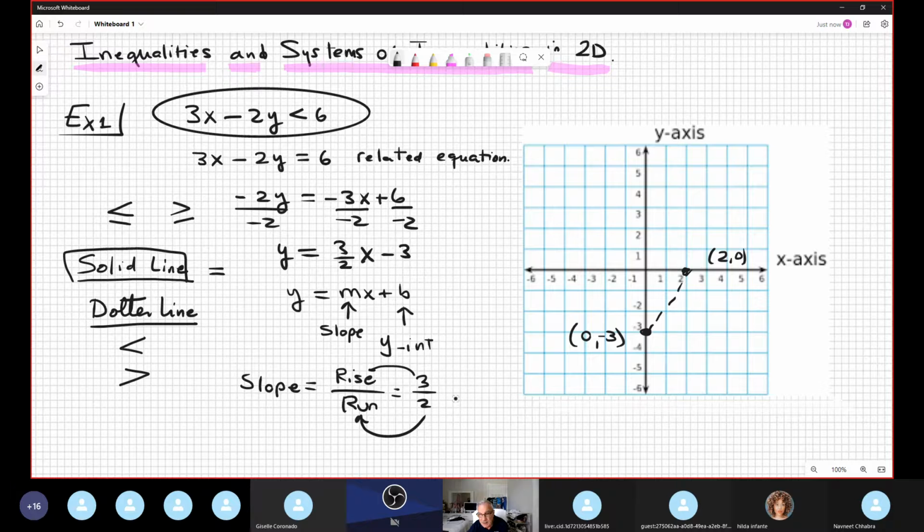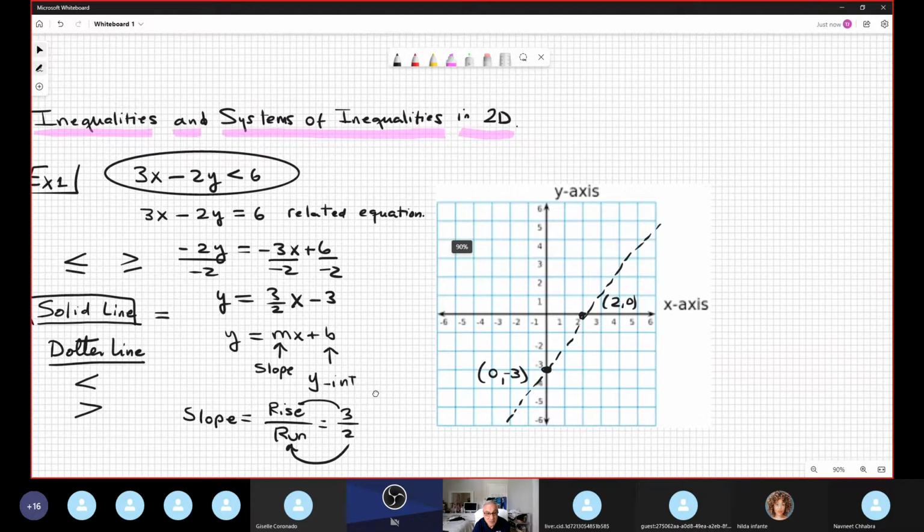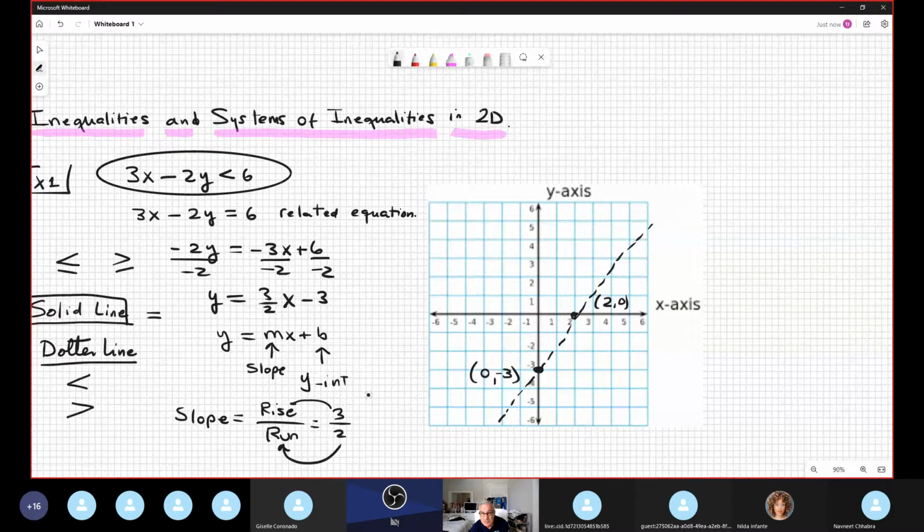And this line is our famous related line, which splits the plane into semi-planes, above the line and below the line. How do you know what region? Well, there are many ways to identify this. One way I like so much is you come back to the beginning, 3x minus 2y less than 6, and you isolate the y, but not in the equation, in the inequality.